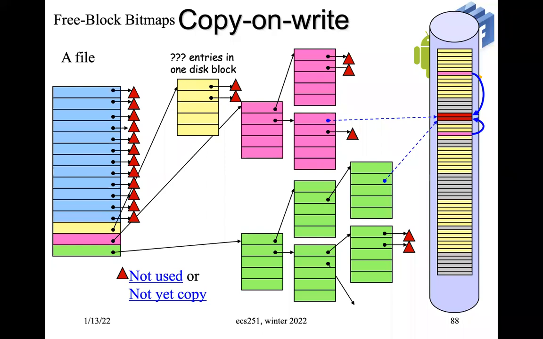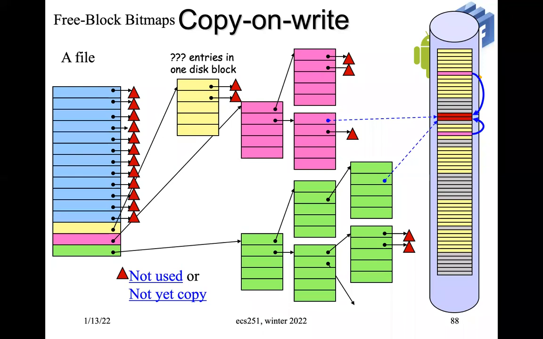So background FSCK tries to recover your file system at the same time. That's why it's called background. You're recovering your file system while you allow the user to use the file system immediately. The idea of background FSCK is to shorten the time the file system is unavailable, so that you can use it immediately.